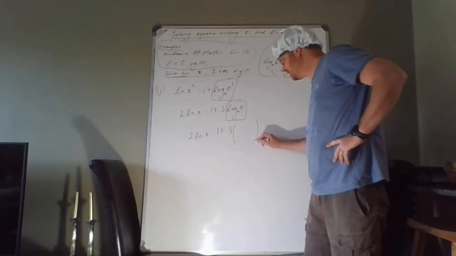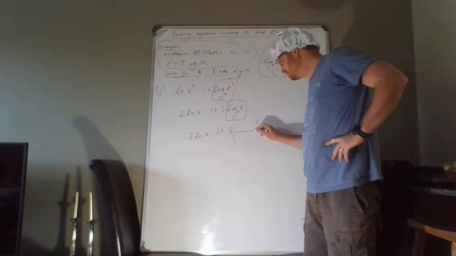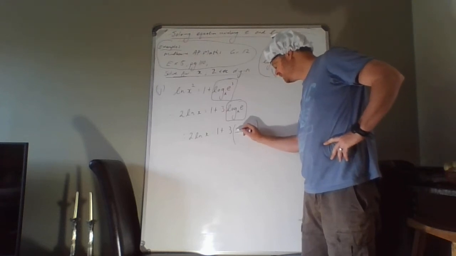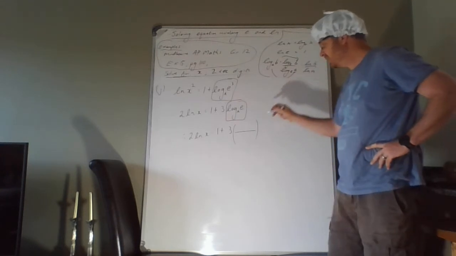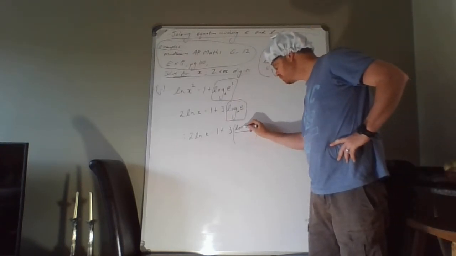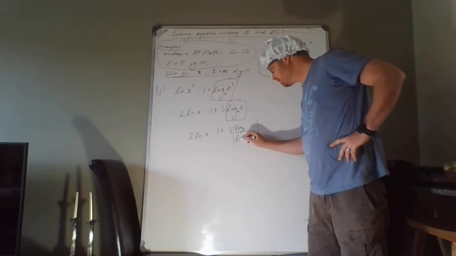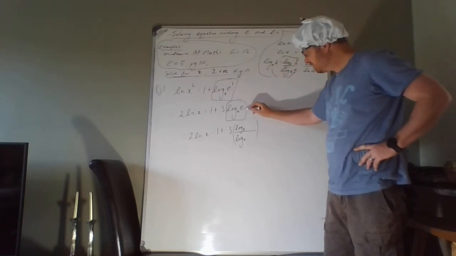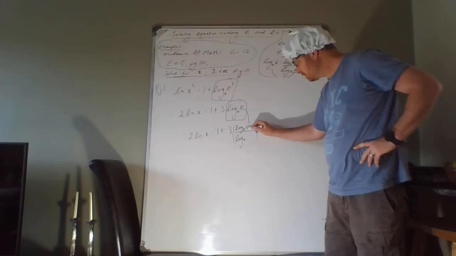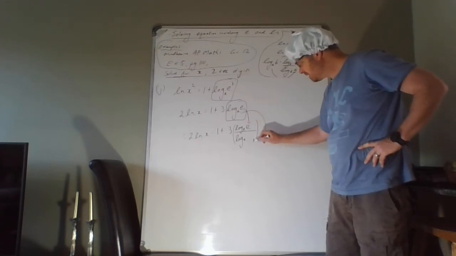Right, so now I want to get this to base e. As I say, with practice you can skip out some steps. So using this log law over here, I say, okay, I want base e at the top and the bottom. Okay, then what happens? This bit over here goes to the top, and this bit over here goes to the bottom.